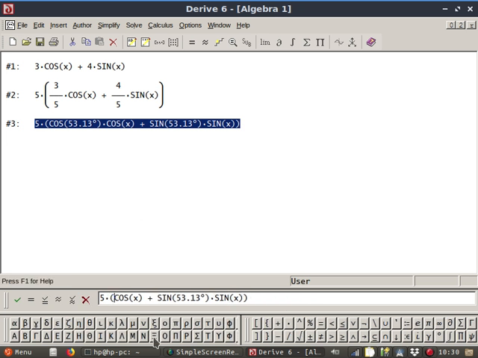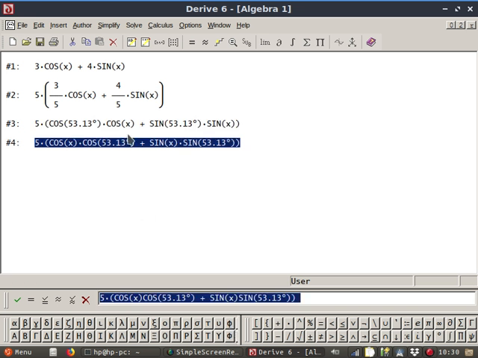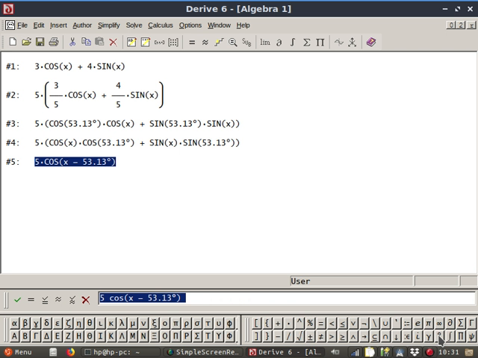So you could put it here, and you could put it here. So now it's cos A cos B plus sin A sin B. So that's 5 cos of A minus B, which is x minus 53.13. You can swap them because it's multiply.